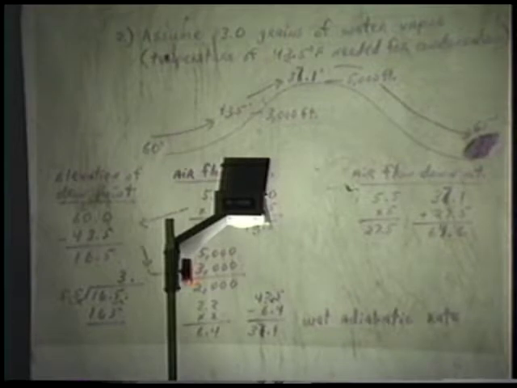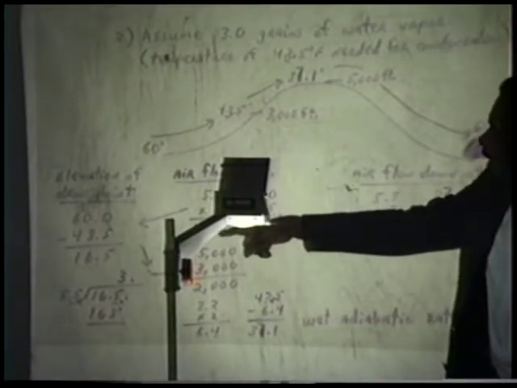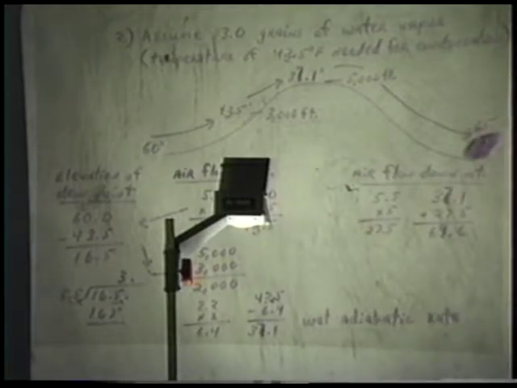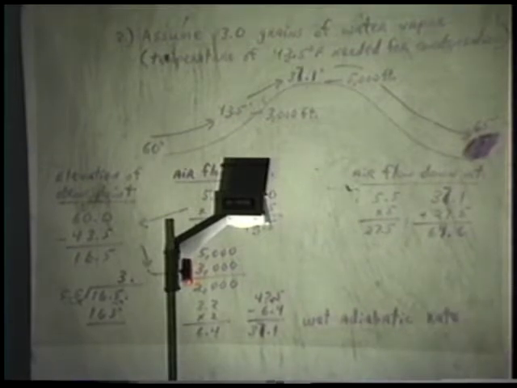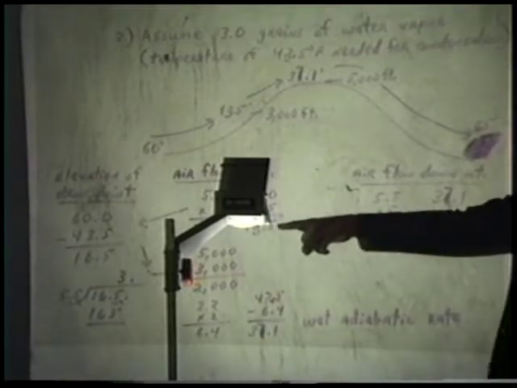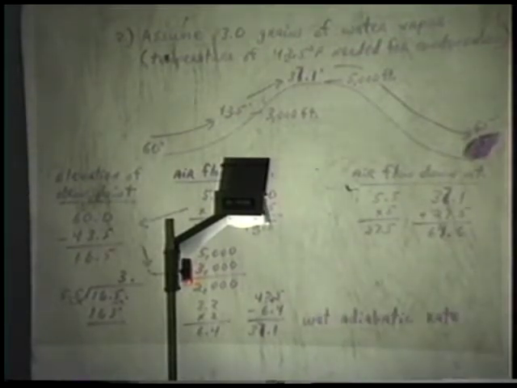So we can find out the temperature of the rising air at 3,000 feet, which we already know to be 43.5 degrees Fahrenheit. But we can do something similar to what we've done already. We simply multiply 3 times 5.5, it gives us 16.5. And then we subtract 16.5 from 60, the temperature of the heated air at the surface, and we get 43.5. So we've done this already.